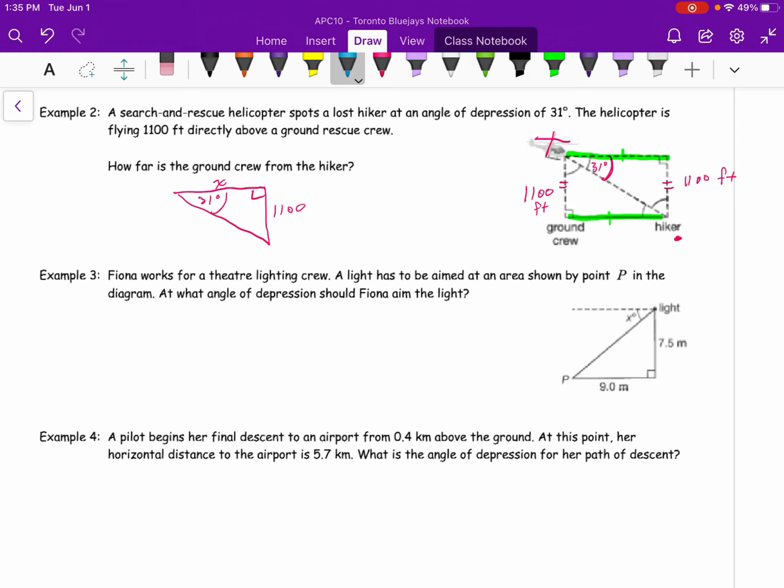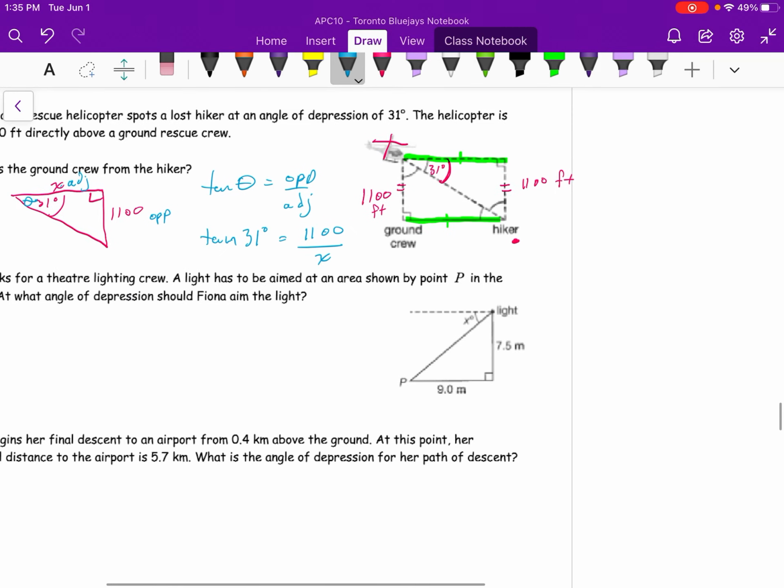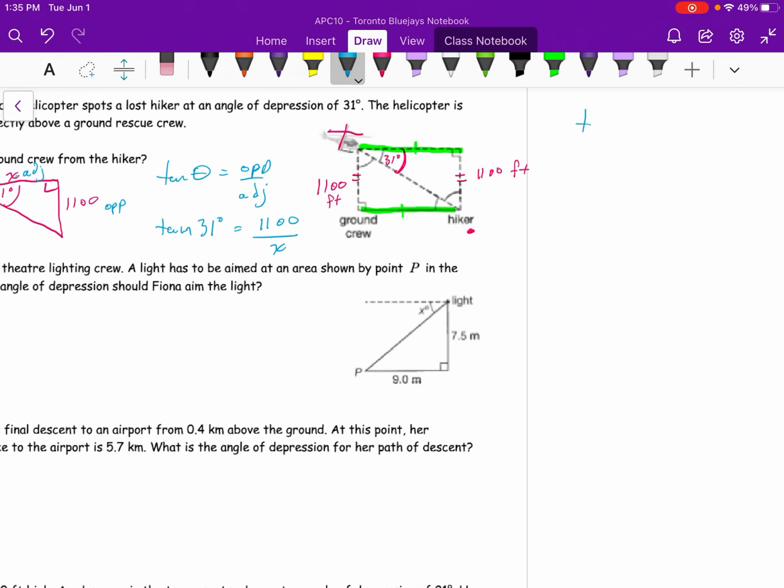So now that I've drawn my picture, I could call this angle theta. So tan theta is equal to opposite over adjacent. Tan theta is equal to opposite over the adjacent. Now I've run out of room, which is unfortunate.